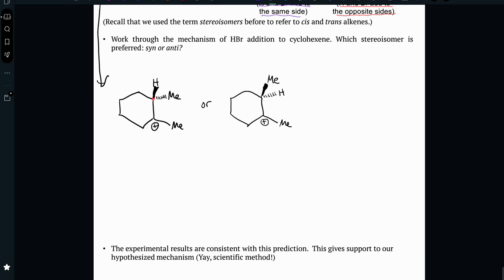Well, let's think about the geometry of the carbocation for a minute. I'm going to redraw this molecule so that my 2 carbons from the alkene are down at the bottom here, and I'm going to have the ring go back into the page. So for my carbon, I have hydrogen going up, and I have methyl group going down.